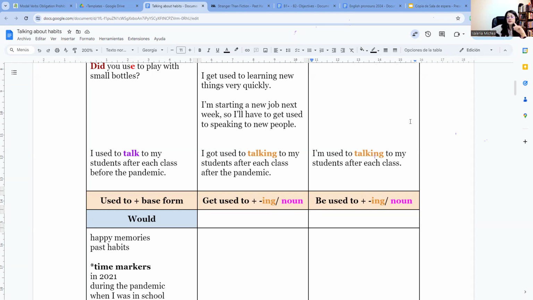So hardly getting used to. What does hardly mean in this sentence? It's a very good sentence. Nobody knows what hardly means in that sentence? Difícilmente. Difícilmente me estoy acostumbrando.